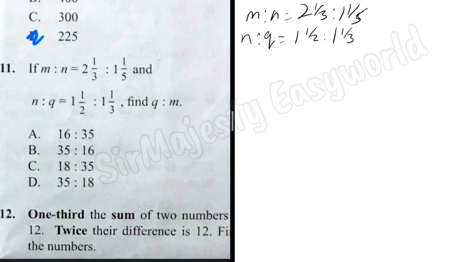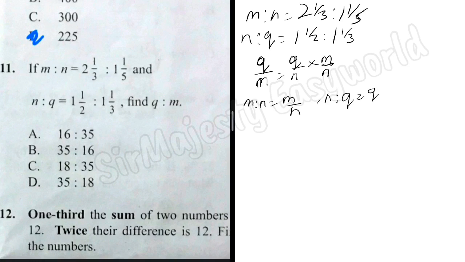So I need to establish an equation that will link both of these together so I can find q to m. So we can say, let's change all of this to fraction. We can say q over m is equal to q over n times n over m. Remember that m to n is the same thing as saying m over n, and n to q is the same thing as saying q over n.